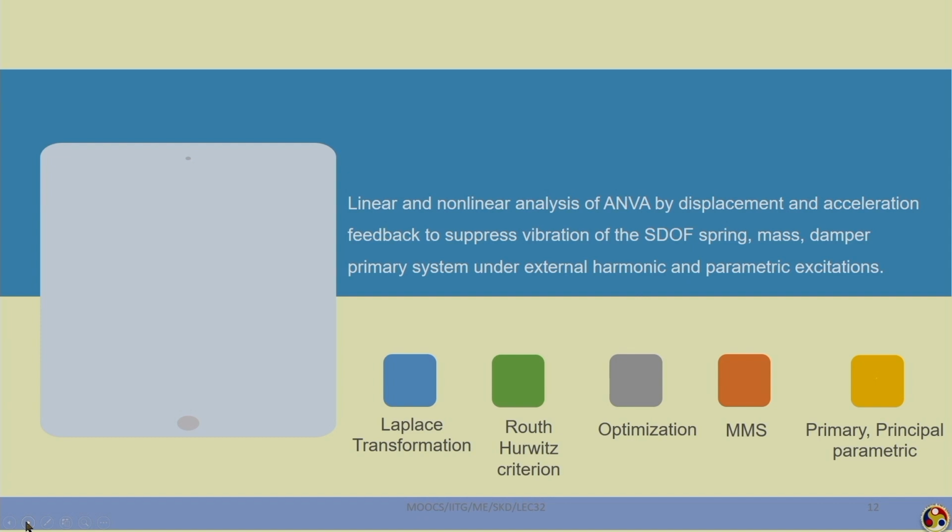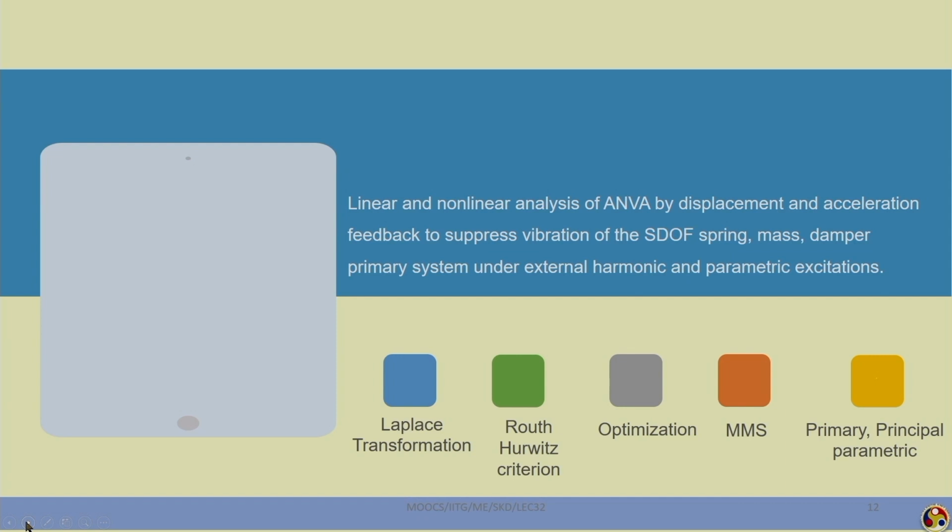You already know what harmonic excitation is: if the forcing is in the form of sine and cosine, then it is known as harmonic excitation. In a parametrically excited system, you can find a time varying term which is the coefficient of the excitation term.